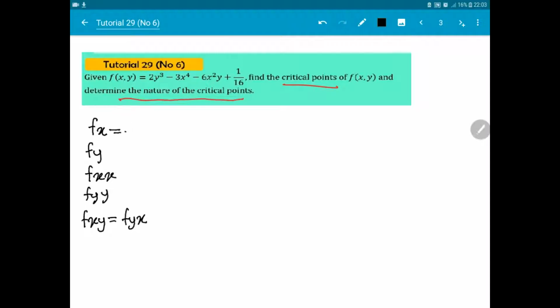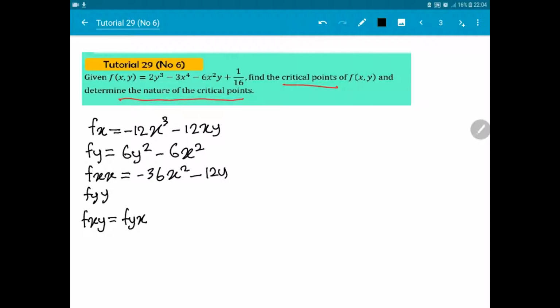Our fx will be negative 12x cubed minus 12xy, and our fy equal to 6y squared minus 6x squared, and our fxx will be equal to negative 36x squared minus 12y, and our fyy equal to 12y, and fxy equal to negative 12x.